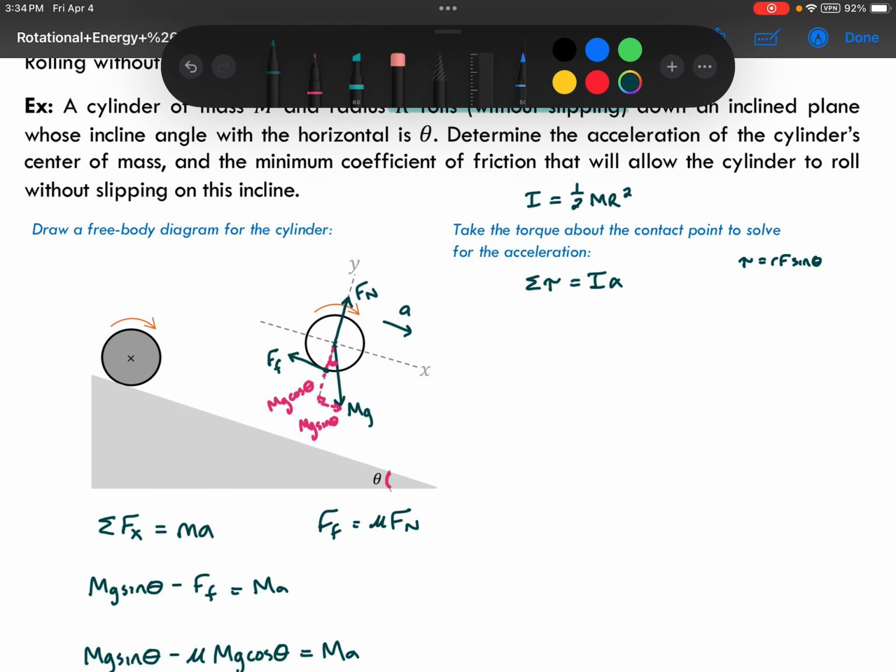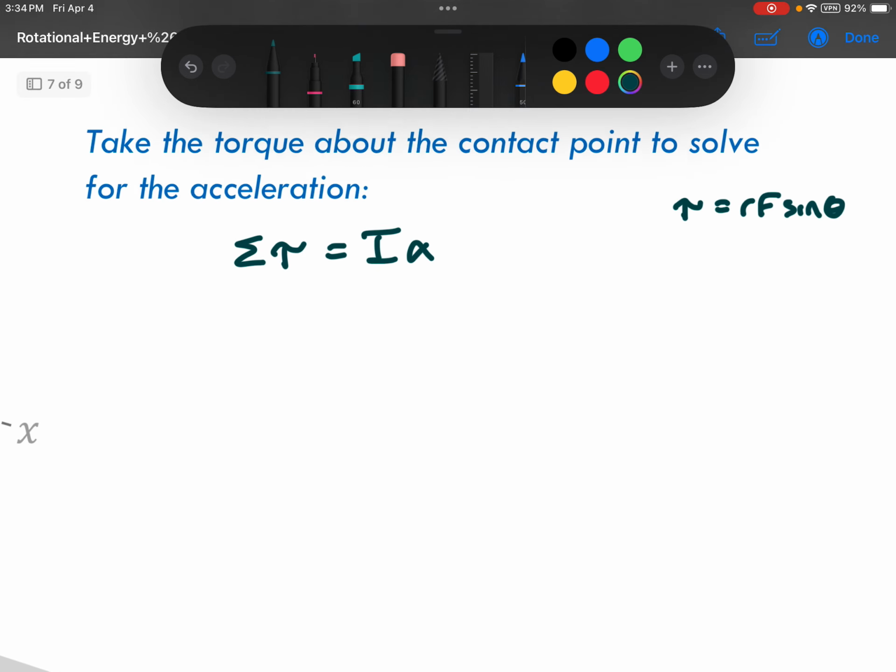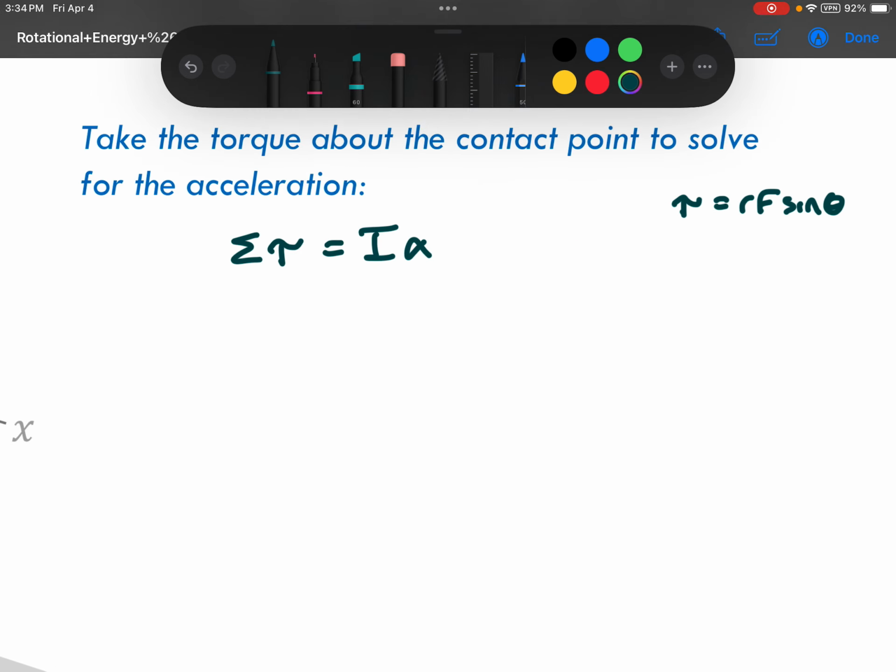There's only one force that's not acting at the center of mass, and that's the force of friction. So the only force that's contributing to the net torque is the force from friction. So net torque is going to be our force of friction, sine theta.